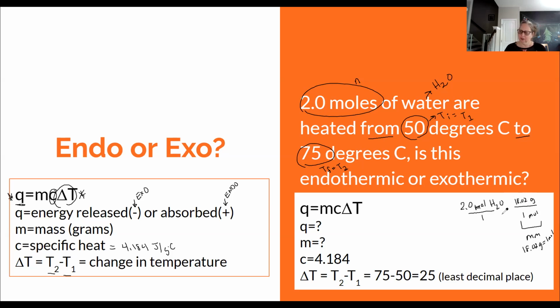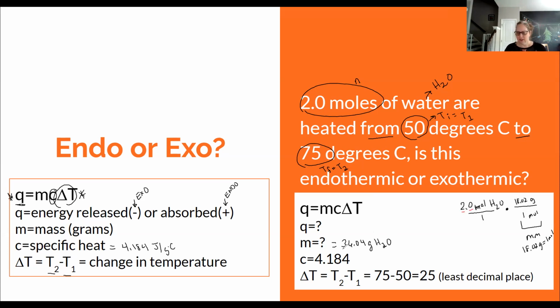This is not a cross multiply and divide, it is dimensional analysis. So that is a multiply in between the two fractions. 2 times 18.02 divided by 1. So that just gives me 36.04 grams of water. Substitute, solve, sig figs.